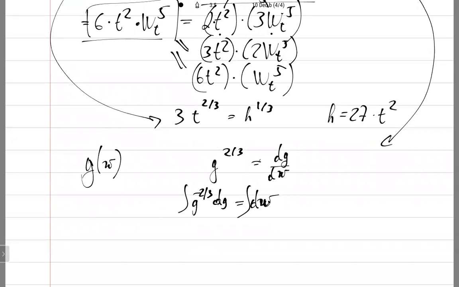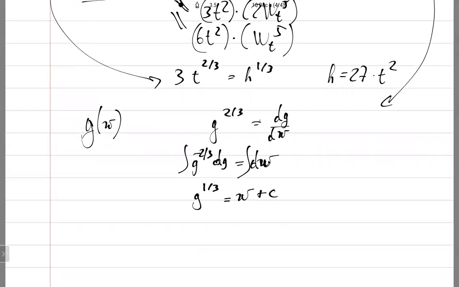And we can solve it because w is just an argument of a function. Now it's non-random. So we have g to the power 1 over 3 equal to w plus a constant. And finally, g of w is equal to (w plus c) cubed.